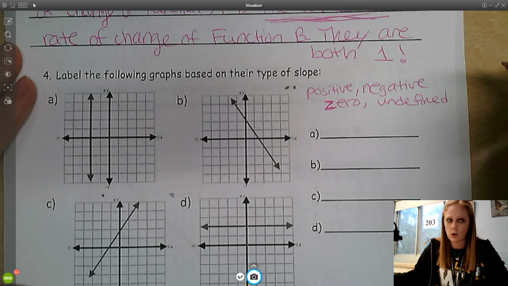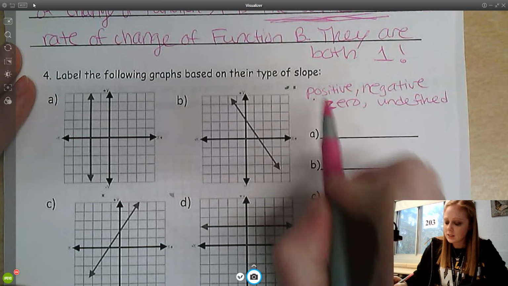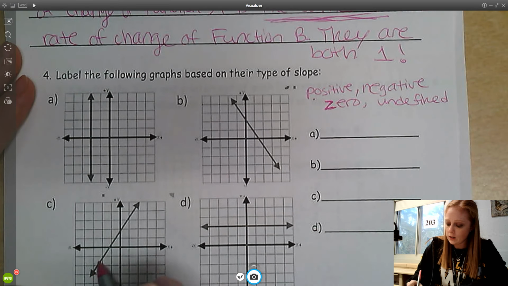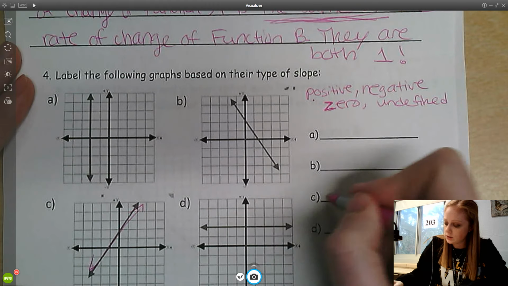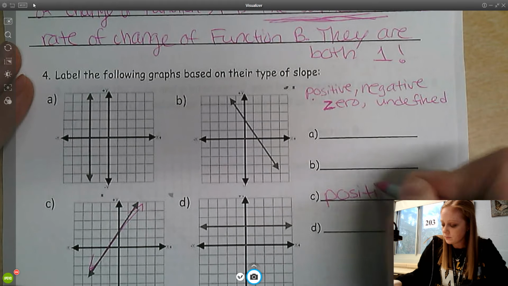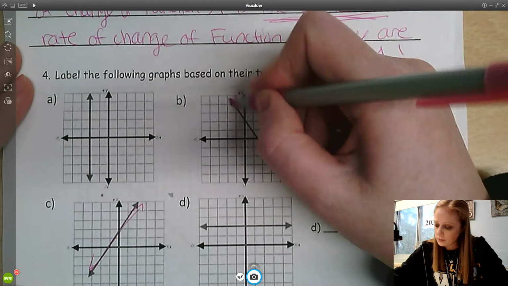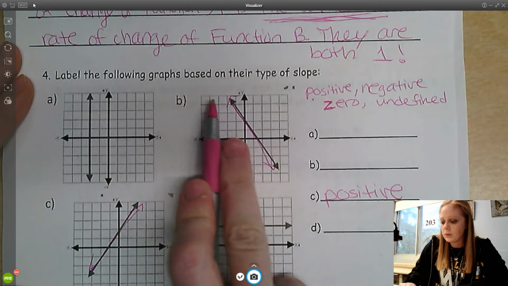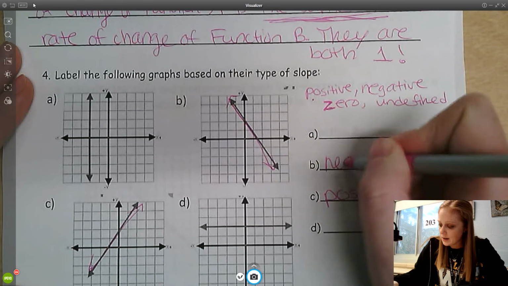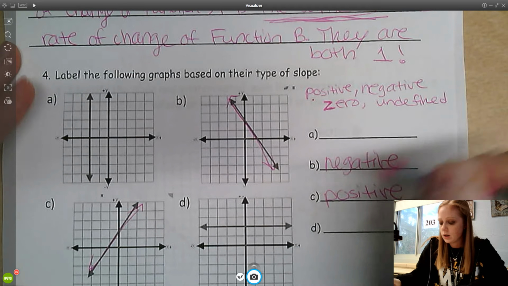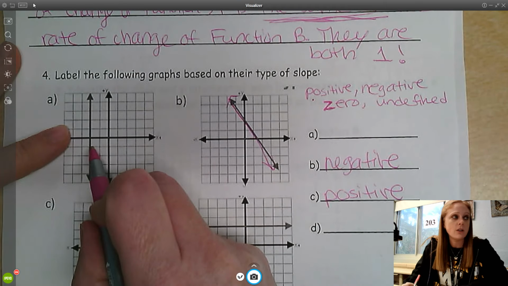Okay, so I basically just said all the answers. But positive is going to be the one going upward. So right here, this one is going upward as you go from left to right. So C is positive slope. Our negative slope is going to be B. As you go from left to right, we're going downhill, downward. So B is our negative slope. A is going to be our undefined slope.